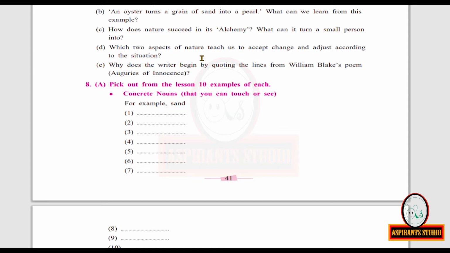These two aspects of nature teach us to accept change and adjust according to the situation.